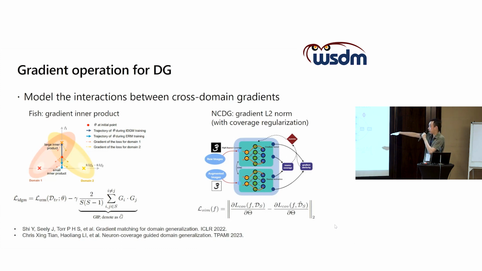So by maximizing this inner product, or by minimizing this gradient L2 norm, we can also treat this as minimizing the feature distributions across the domains. But the feature distribution is based on the neural tangent kernel space, based on the gradient instead of the latent feature space. Yeah, so this is another explanation for this gradient operation.